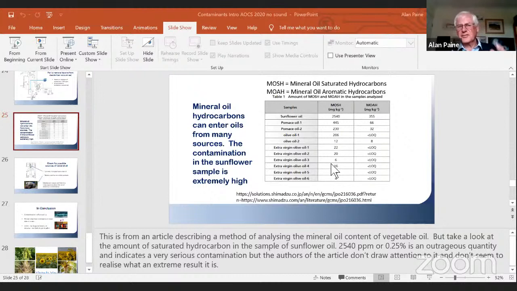So there are these regulations that say you mustn't have these things in your oil. Now, I don't know whether they actually mention a measuring regime. It's just they're not supposed to be there, but how you actually prove it is difficult, because some of these things are quite difficult to measure.